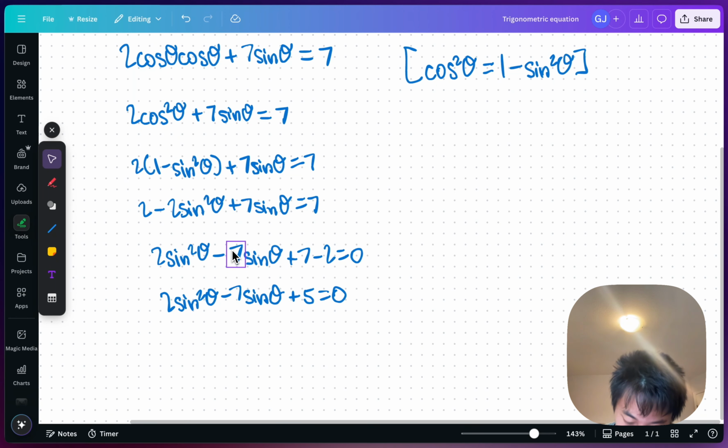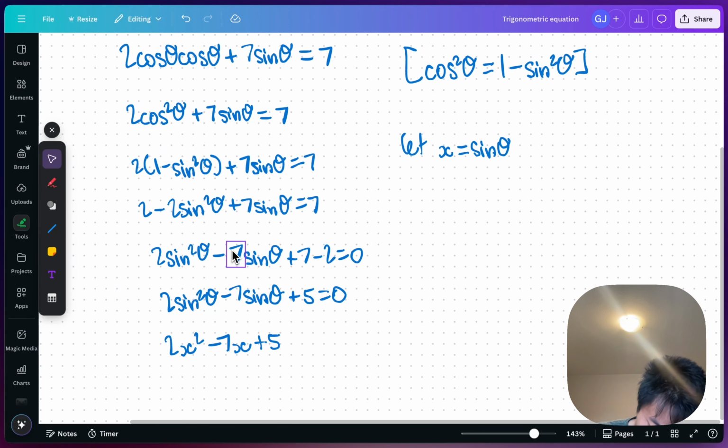And now we can do a let statement. Let x equal sine. And so then we can rewrite this as 2x squared minus 7x plus 5 equals 0.